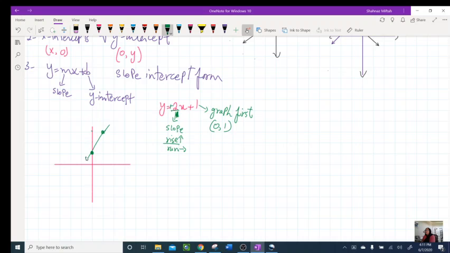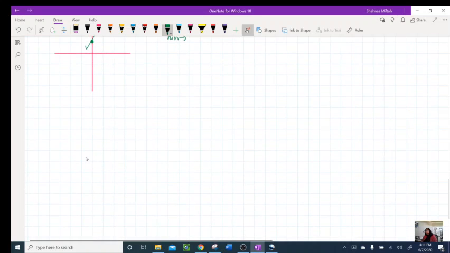Now let's try another example relating to this. I have negative 3x plus y equals negative 5. You know this is a linear equation because I have x to the first power. But how in the world can I graph this, because it does not look like this.